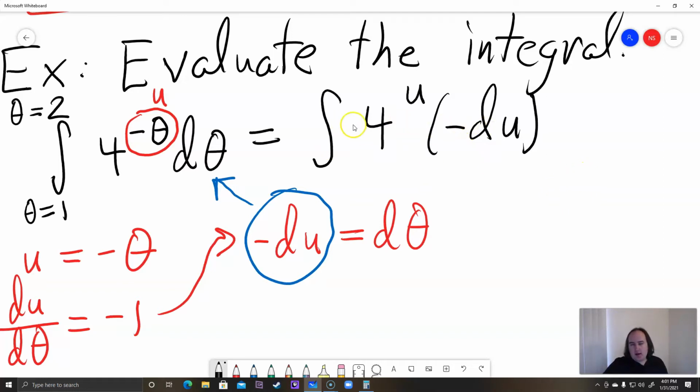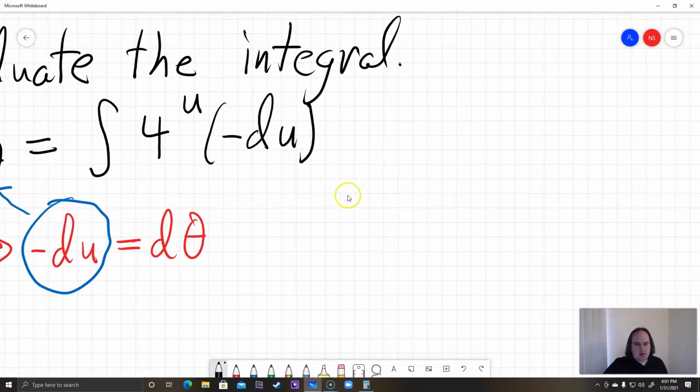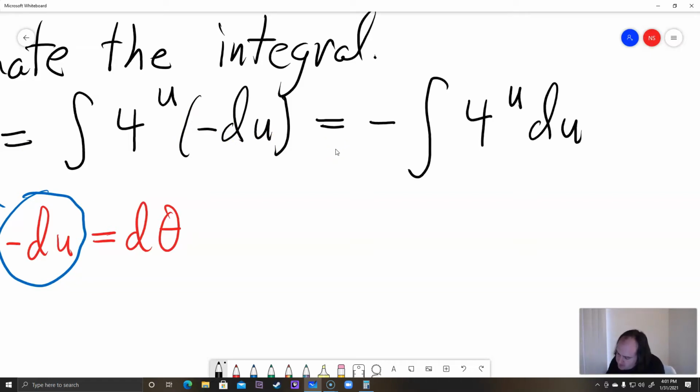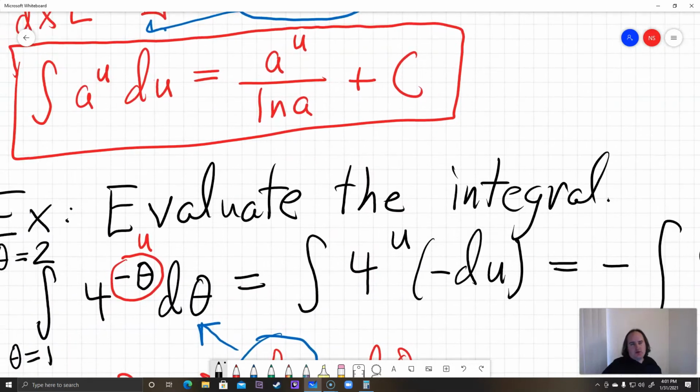Okay, anyway, what we're going to do here is we can go ahead and factor out the minus, and then we just have negative integral of 4 to the u du. So here we're going to use our new formula.